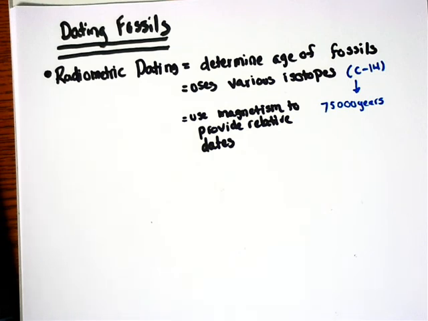I want us to know that there are three major eras: the Paleozoic era, Mesozoic, and then Cenozoic. All the different periods, like for instance the Triassic, Jurassic, and Cretaceous periods, I don't think there's anything that you need to know about that.